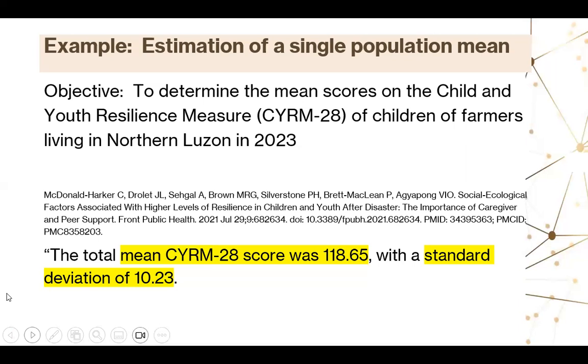So I found a study by McDonald, Harker et al. entitled Social Ecological Factors Associated with Higher Levels of Resilience in Children and Youth After Disaster: the Importance of Caregiver and Peer Support. In here, they reported that the total mean CYRM28 score was 118.65 with a standard deviation of 10.23. And this gives me what I need to compute for the sample size or derive it from an app or software.